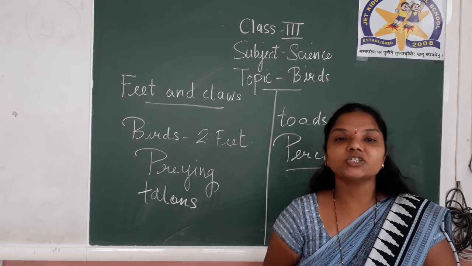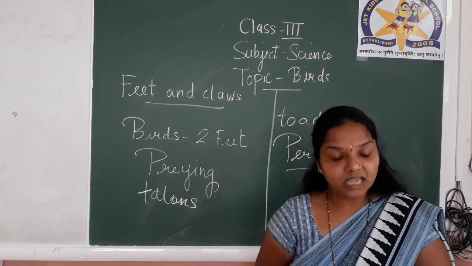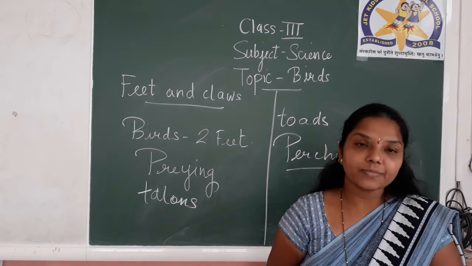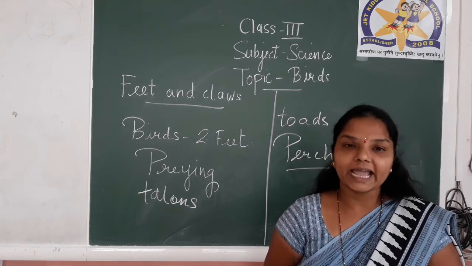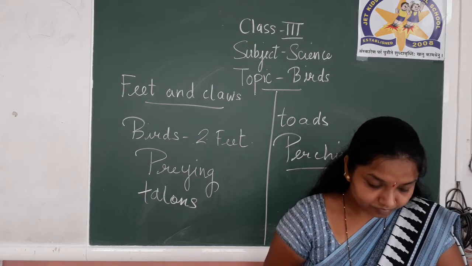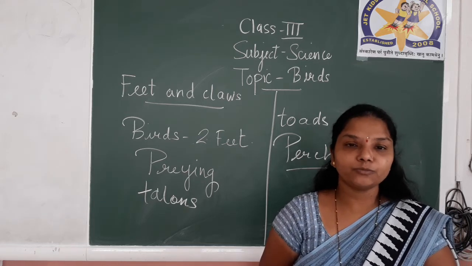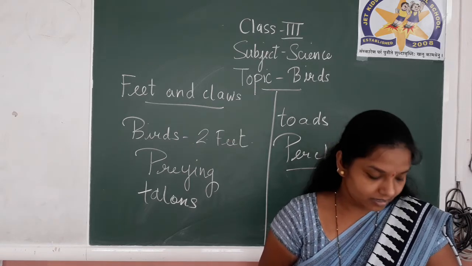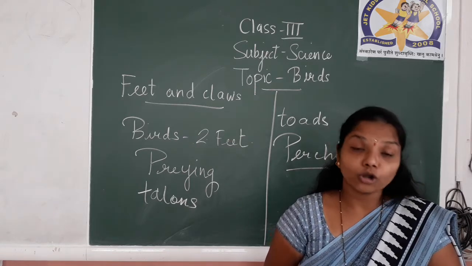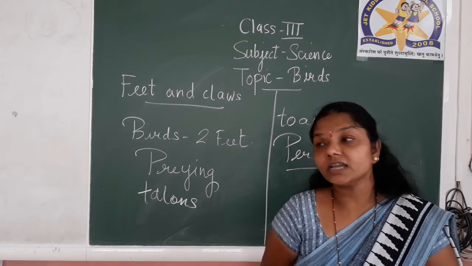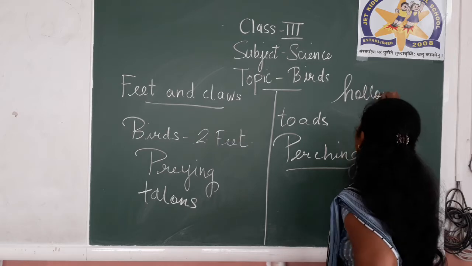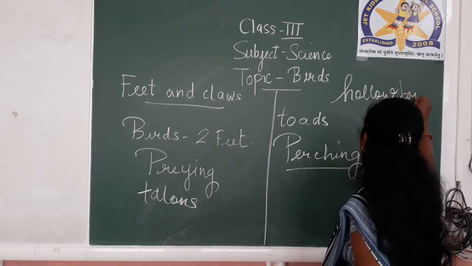These help the bird to move its wing up and down or forward and backward. Birds have hollow bones.